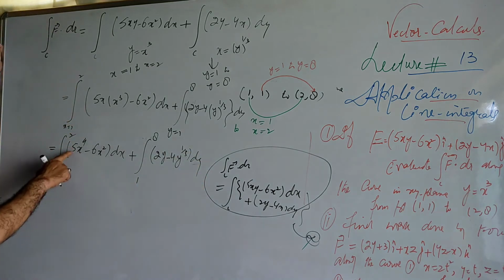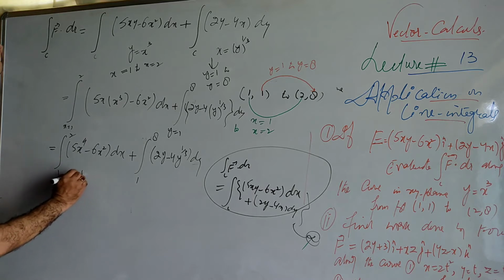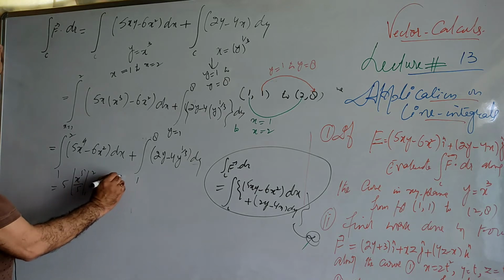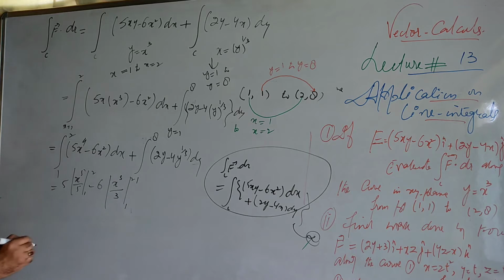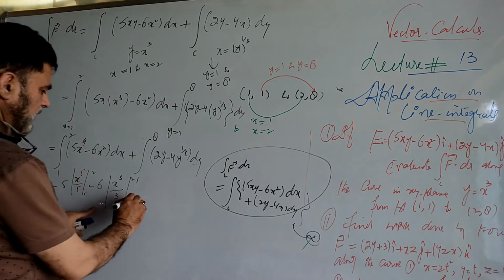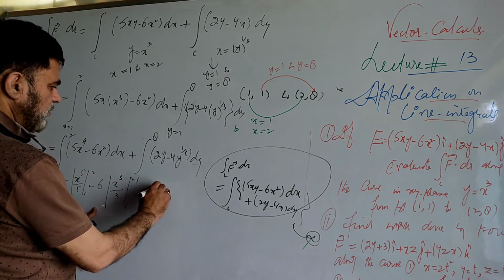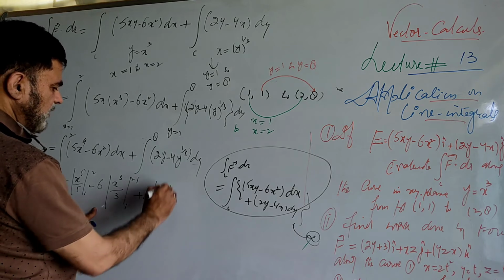Let us integrate now. This will be your 5 times the integral of x to the 4, x raised to power 5 by 5 from 1 to 2, minus 6 x cube by 3, from 1 to 2 for the x limit. Then plus 2, it is y square by 2 from 1 to 8.